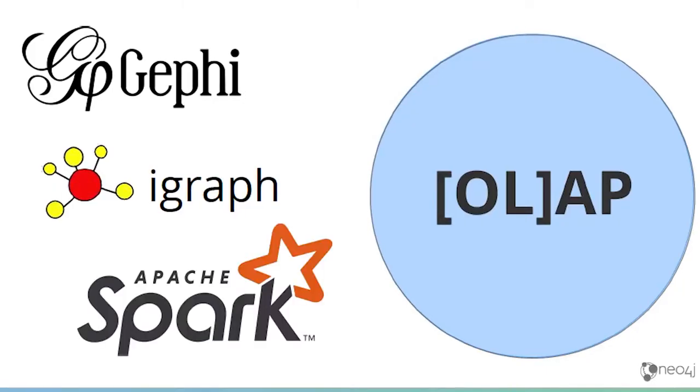Spark is today's hit term. I imagine all of you know what Spark is. And Spark has an extension called GraphX, which is a distributed in-memory analytics solution for analyzing graphs. And you can also use this with Neo4j data.